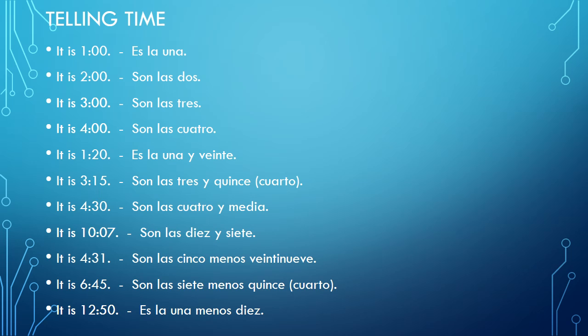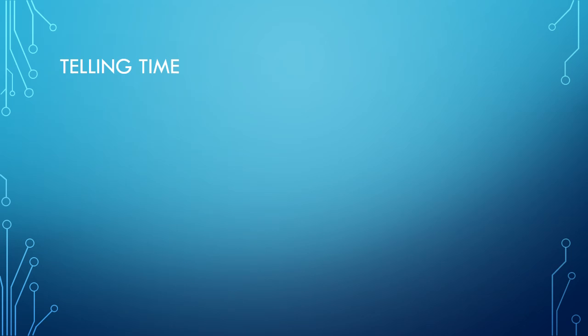So let's take a look at just a different way of saying the same thing I just told you. So how do you tell time? You're either going to say es la una if it's 1 o'clock, or son las dos, son las tres, son las cuatro, son las 10, etc. So if it's anything past 1, then it's going to be son las. If it's 1, es la una. And then if it's not exactly on the hour, you're going to have to add some stuff to express that.